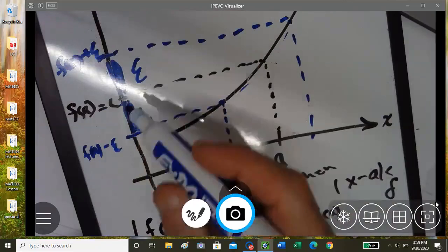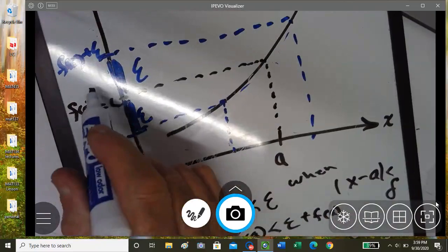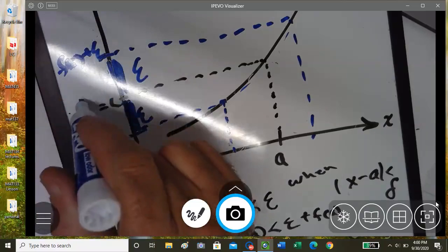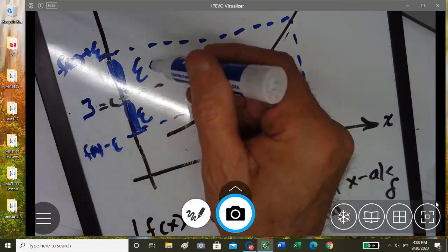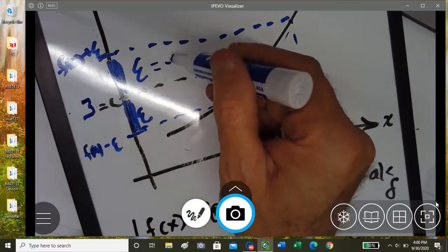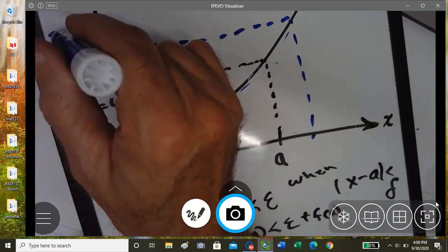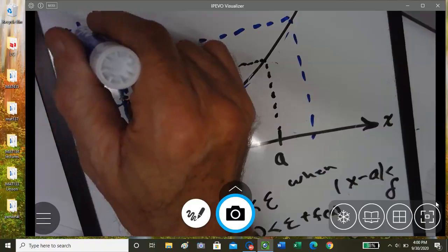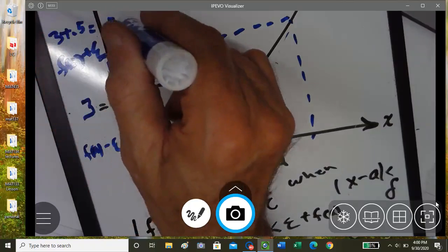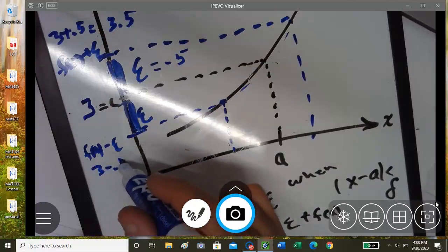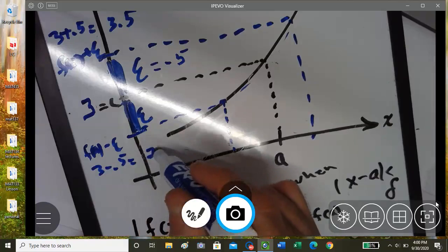Let's say f(A) were 3, and let's say epsilon were 0.5. So this would be 3 plus 0.5 is 3.5, and this would be 3 minus 0.5, which is 2.5.